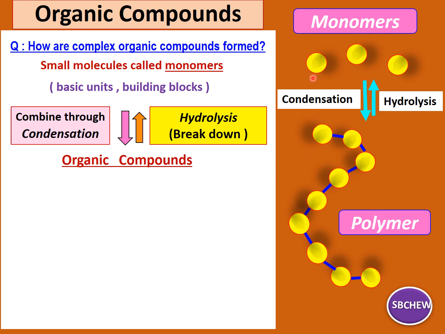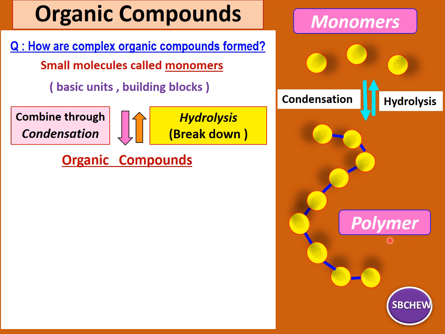As an example, let's look at this picture here. All these small molecules are the monomers, the basic units. When they join together through condensation repeatedly, many of the small monomers join together and form a large complex molecule or macromolecule, a big one, called the polymer. Poly means many and mono means one.